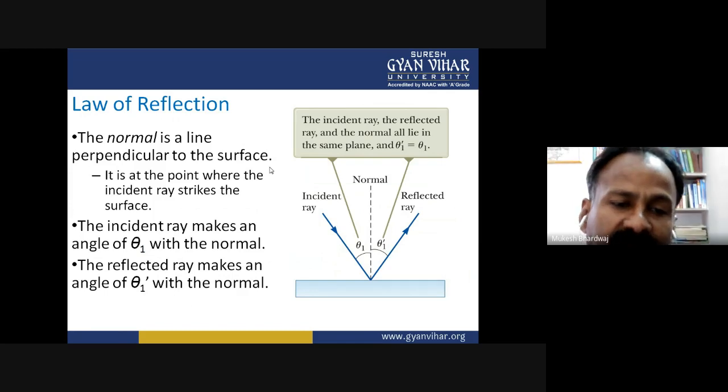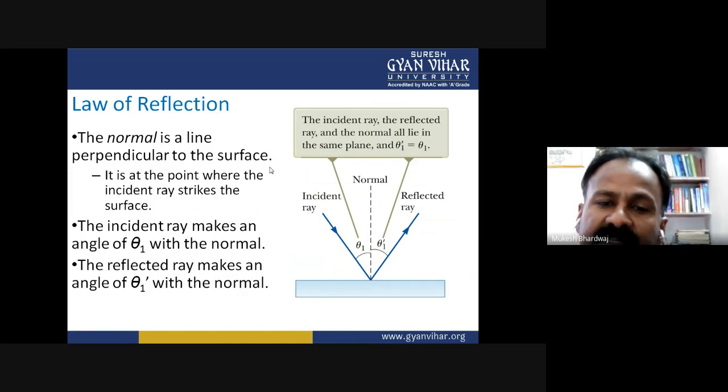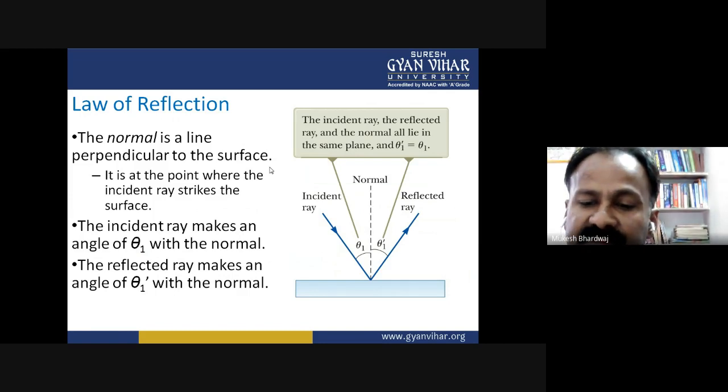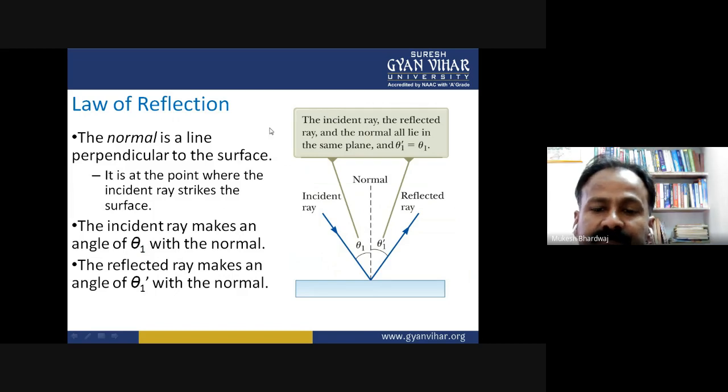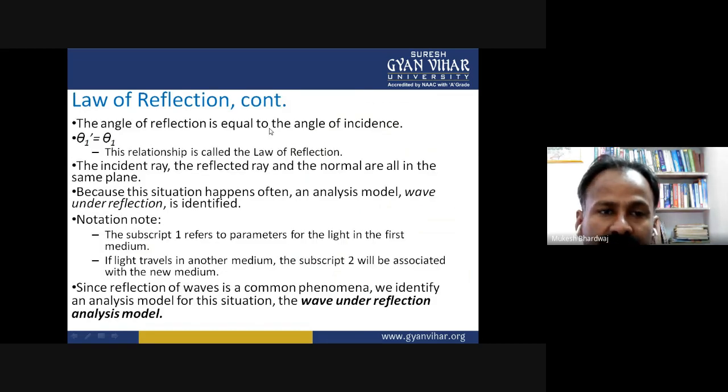The law of reflection is basically I equals R, where I is the angle of incidence, the angle which the incident ray makes with the normal, and R is the angle of reflection, that is theta 1 dash, the angle which the reflected ray makes with the normal.